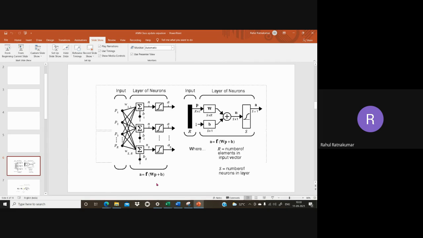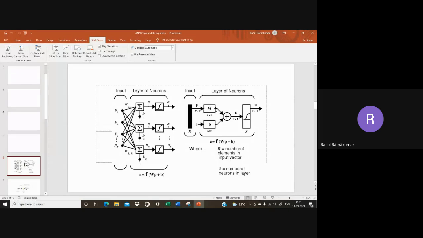Now how do we calculate it using matrix notation? All these things are very easy from a computational point of view, for software, so we need to convert into a simplified way. The inputs are represented as a vector, going into the W matrix. We represent all the weights as one big matrix W. All the inputs form the parameter matrix P, a column matrix, whose size depends upon how many inputs you need to give.